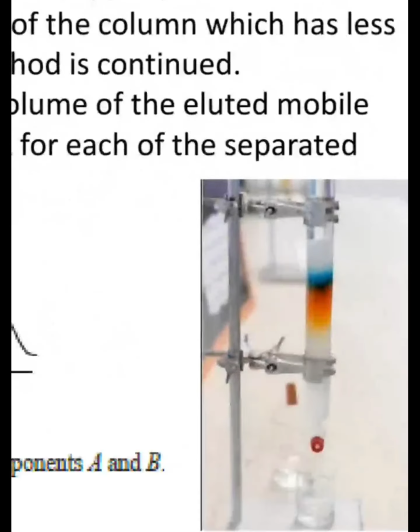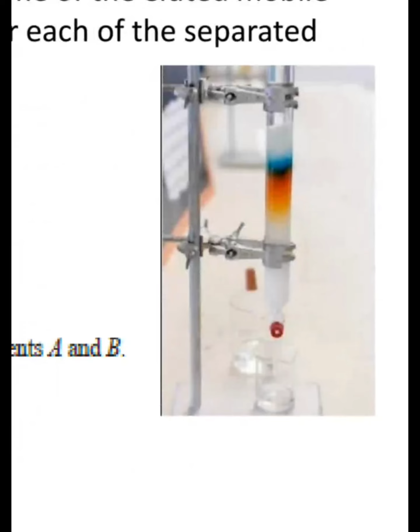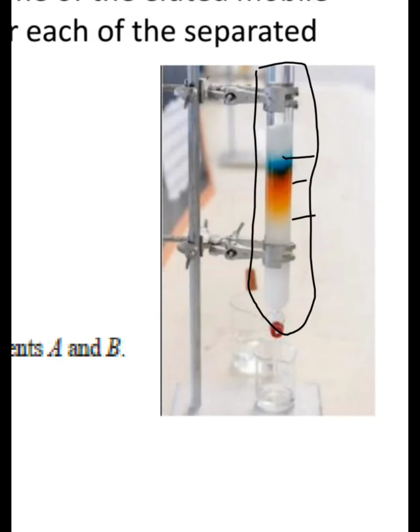This is the column chromatography you are going to use. In this technique, we are going to get different bands for different compounds. You can see here, this is the column we are going to use, and the size of the column will be nothing more than 3 to 4 times the burette you have used. For packing, we use cotton or glass wool, and the mobile phase is passed from the top.